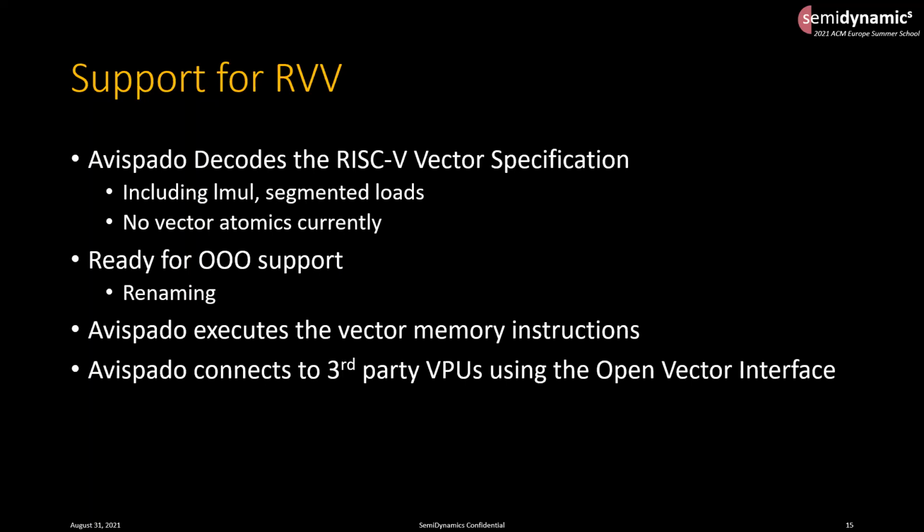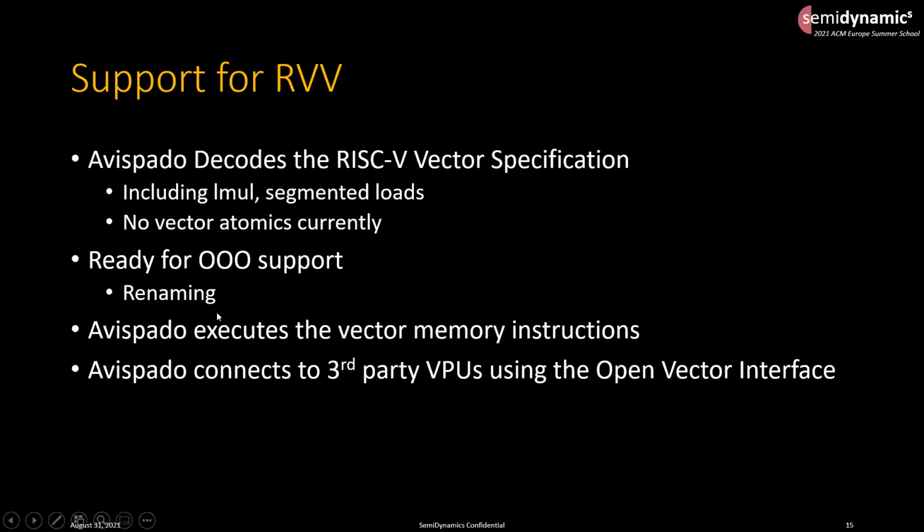We do not have the vector atomic extension support. So we have the full vector specification. And we believe we're ready for out-of-order support. If the team connecting their vector unit to our core wanted to do out-of-order execution, we believe we're ready for that.